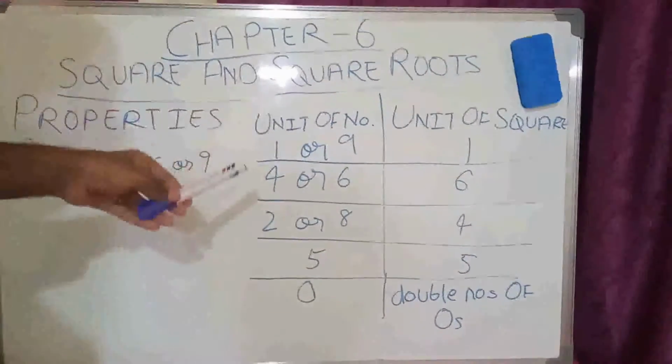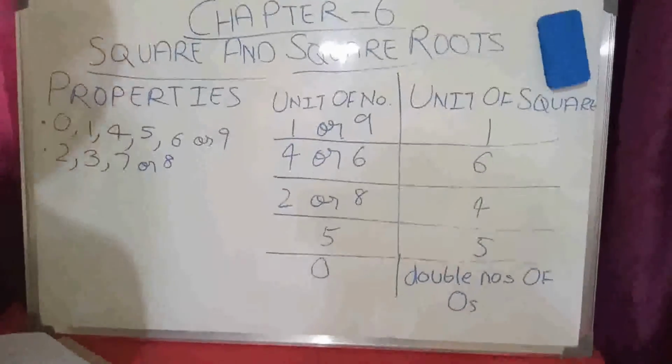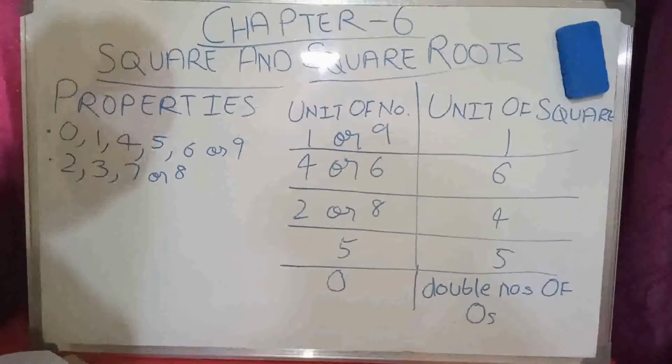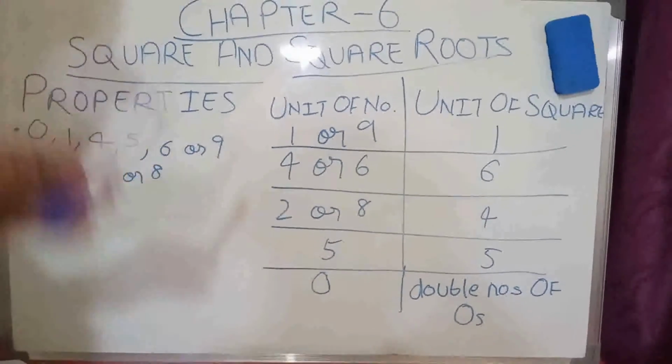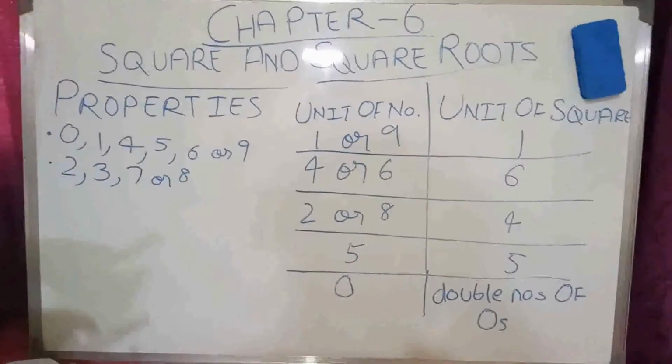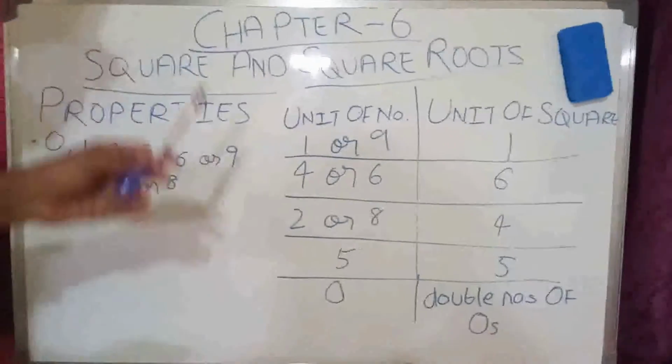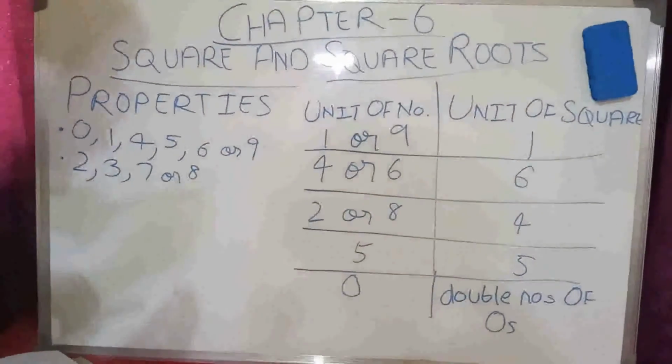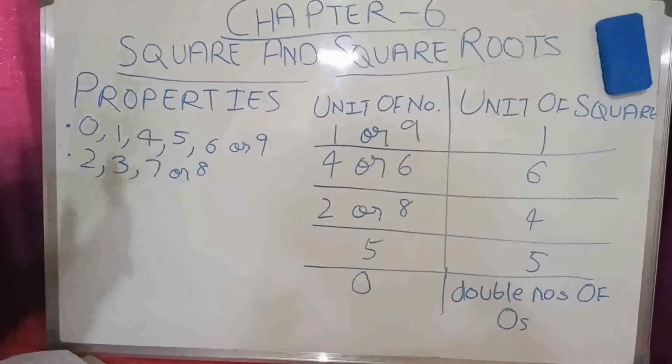this box. This table shows the second, third, fourth, fifth, sixth, seventh properties. That is, if the number which is given to you has a unit digit ending in 1 or 9, then its square will end in 1.